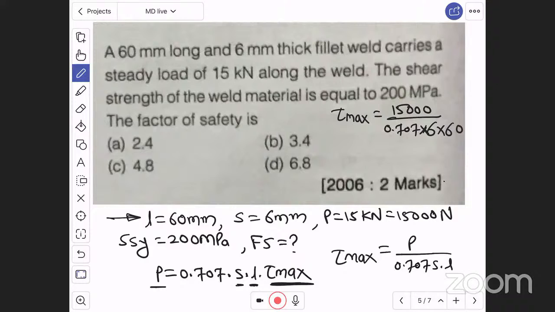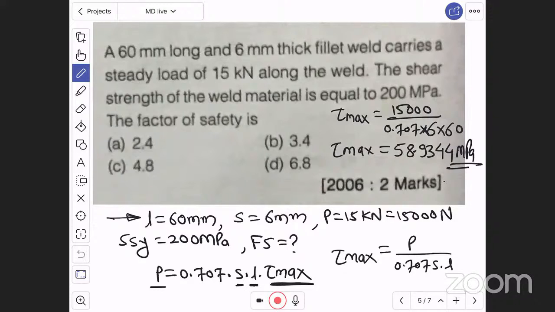Therefore, calculate this maximum shear stress. You will get maximum shear stress is equal to 58.9344 MPa, that is Newton per mm square.